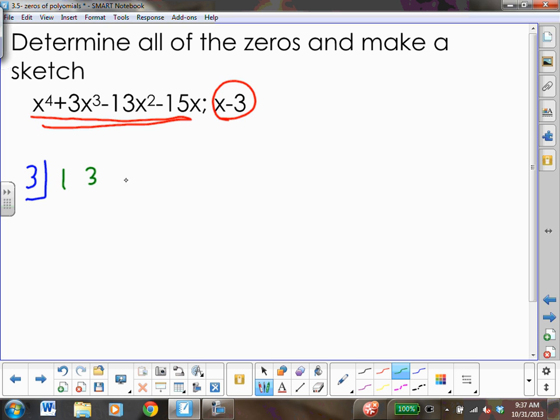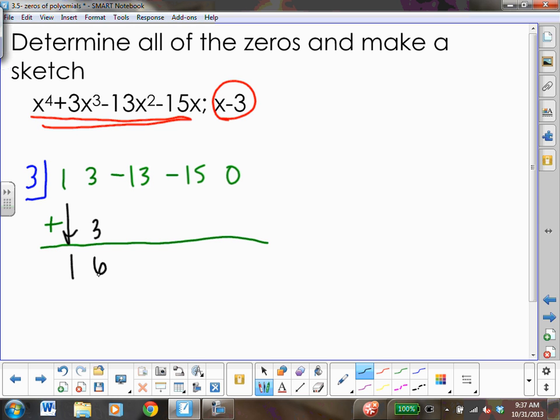1, 3, negative 13, negative 15, and I also need 1 for the 0. I drop the 1 down. 1 times 3 is 3. 3 plus 3 is 6. 6 times 3 is 18.